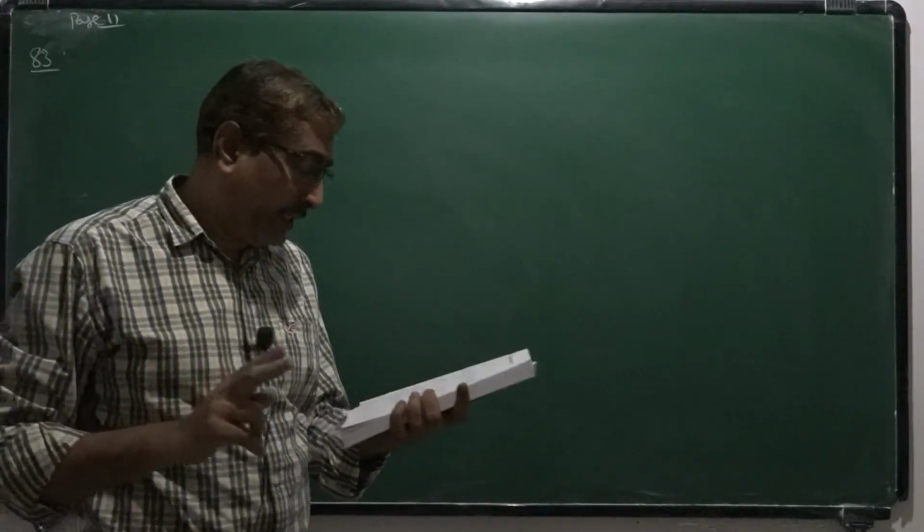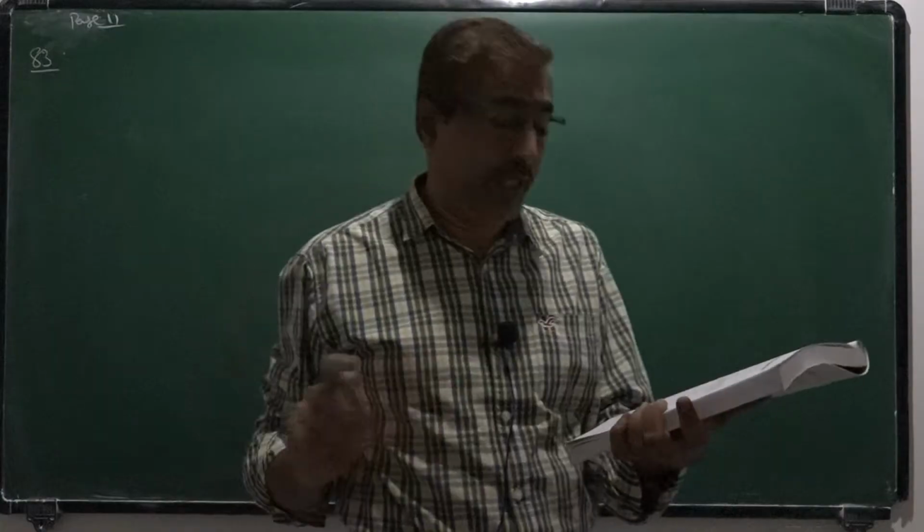The upper and lower fixed points of a thermometer are separated by 180 millimeter.